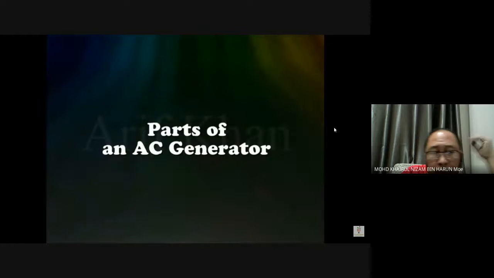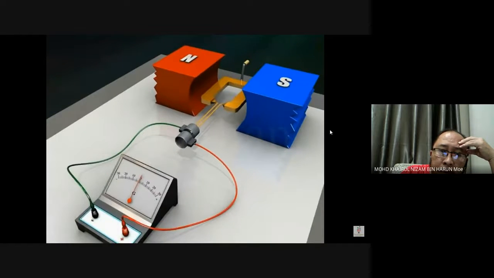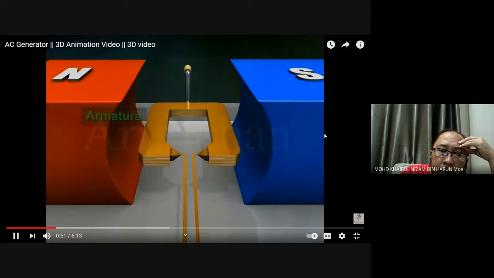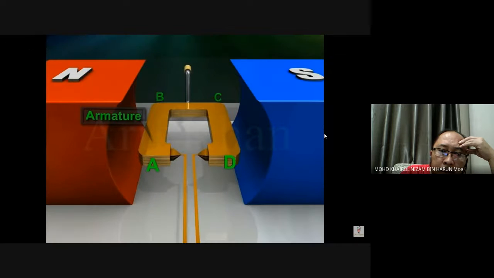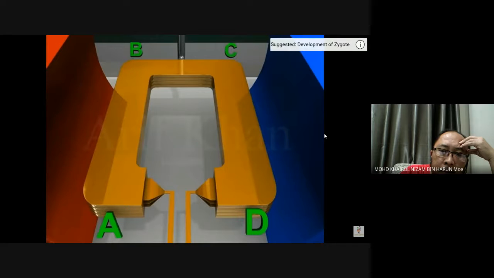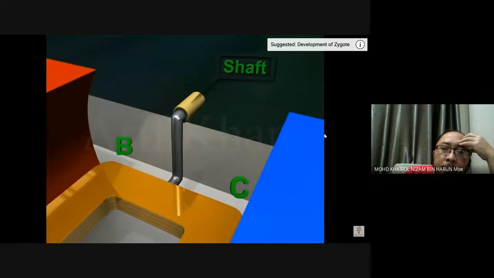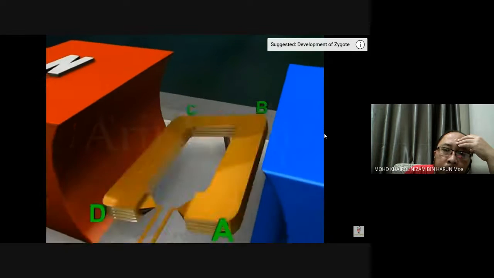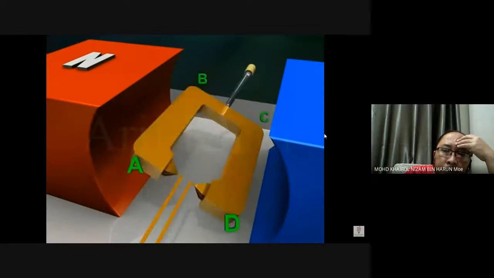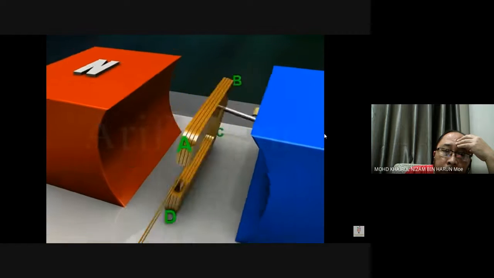Parts of an AC generator. An AC generator has an armature ABCD. It is a rectangular coil with many turns wound around a soft iron core. A shaft, which can be rotated rapidly. A field magnet.